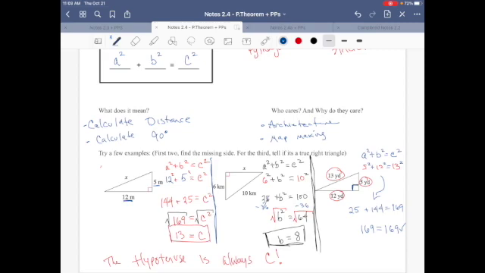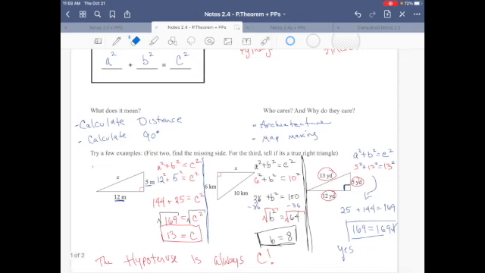I know it's a right triangle because we get a true statement. If we got something else, like 225 equals 169, then we would say it's not a right triangle because it's giving me this nonsense answer. But since we got a true statement, I can conclude that this is a right triangle.